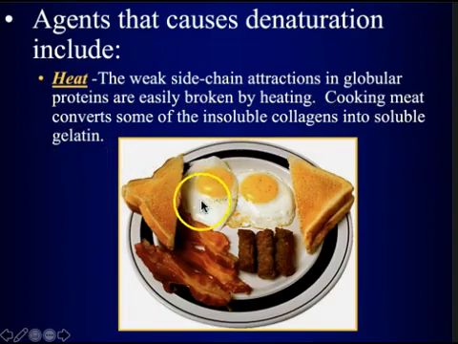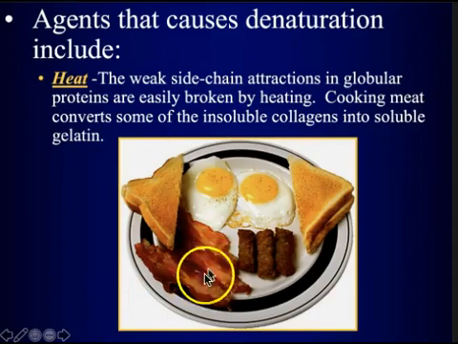And we'll see also with our eggs, the heat takes them from basically a liquid to a solid. You can't take cooked eggs and uncook them, right? So it's the denaturing of all of the proteins inside of the eggs that allows it to solidify.